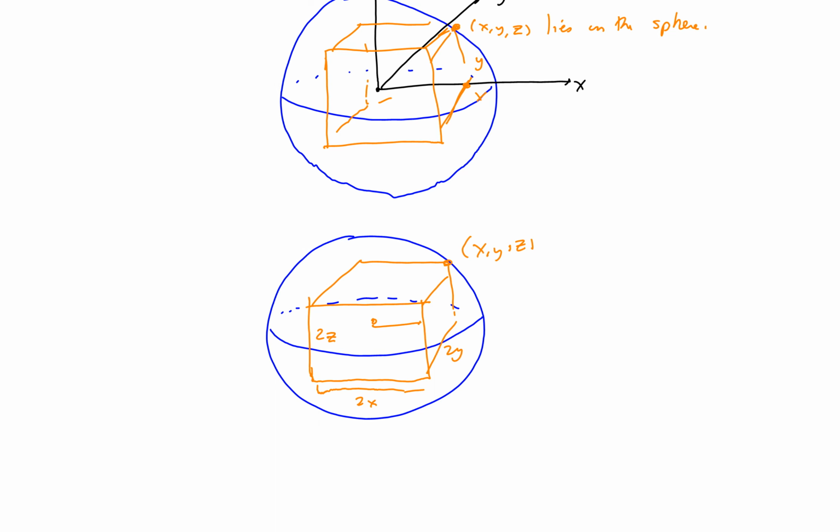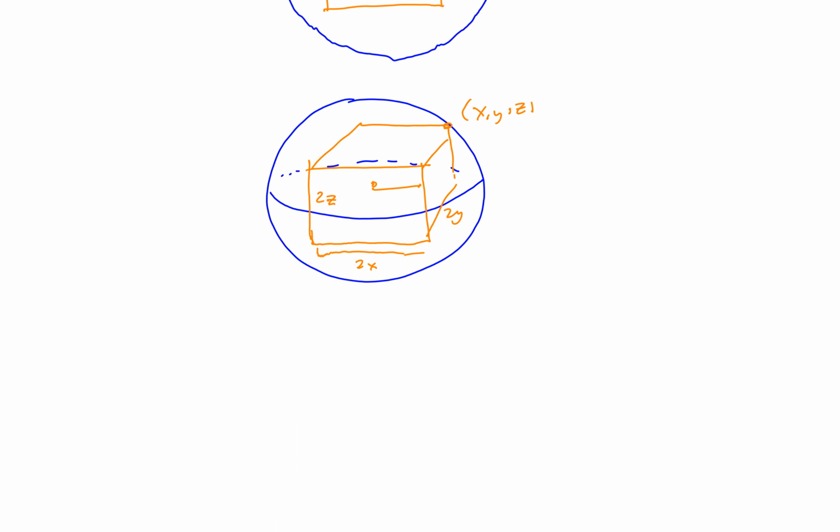So we have a couple of equations that come out of this, the volume and the constraint. So the volume equation is the product of the side lengths, which is 2x times 2y times 2z, so 8xyz. And then what is our constraint? Well, the equation of the sphere is x squared plus y squared plus z squared equals r squared.